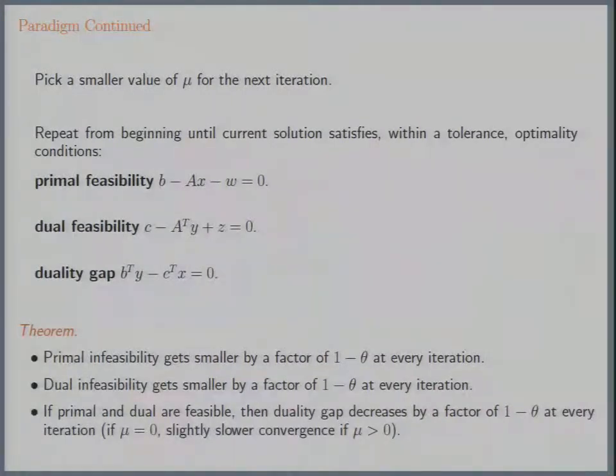So if I could have theta equal 1, for 2 iterations in a row, I would be done. But because of the non-negativity, theta can't be equal to 1 ever, basically. So it's an iterative algorithm.